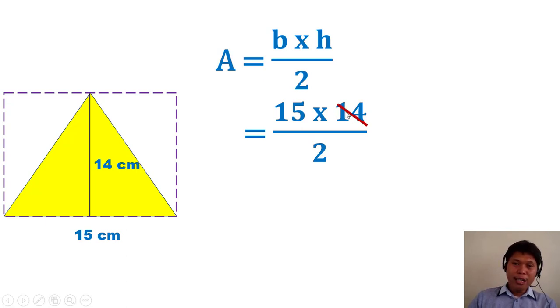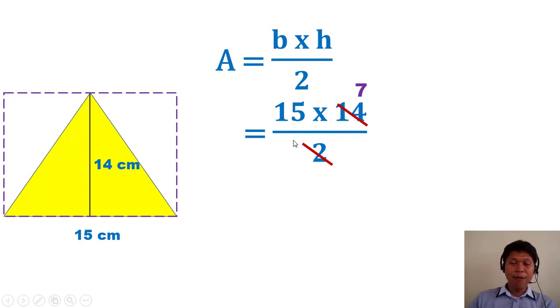We are going to divide or cancel out this 14 and 2. We divide by a common divisor, which is equal to 2. That is their GCF. Just simply divide this 14 by 2, so that we can cancel out this 2, so this becomes 1, and 14 divided by 2 is equal to 7.